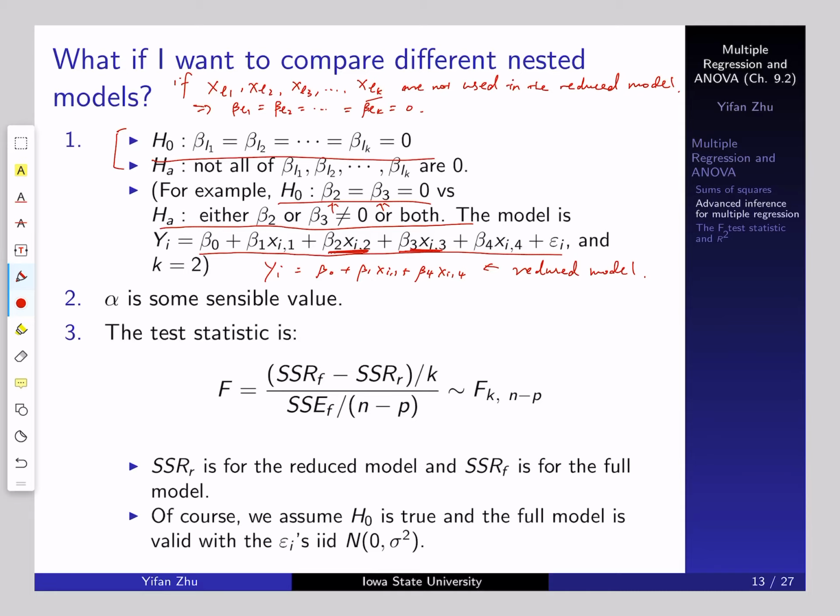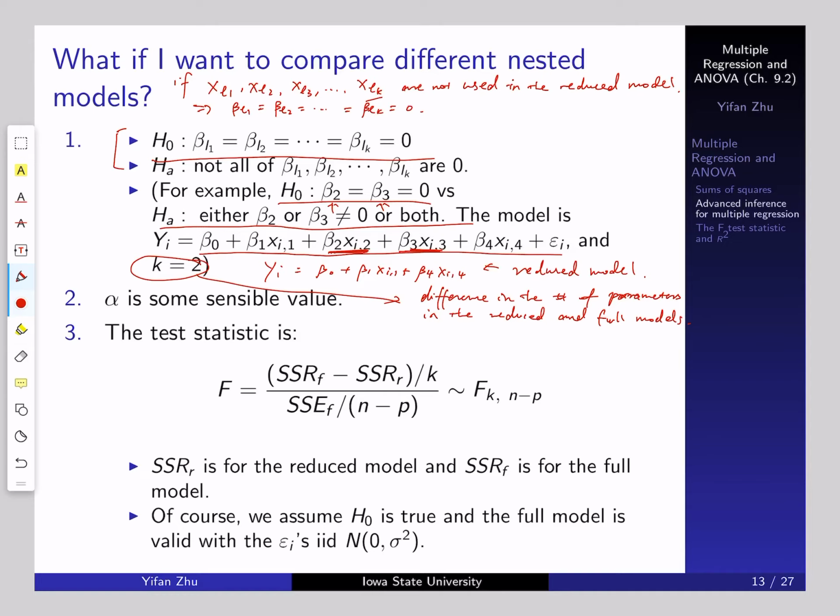And the reduced model is just beta naught plus beta 1 xi1 plus beta 4 xi4. And k is just the difference in the number of parameters in the reduced and the full models.